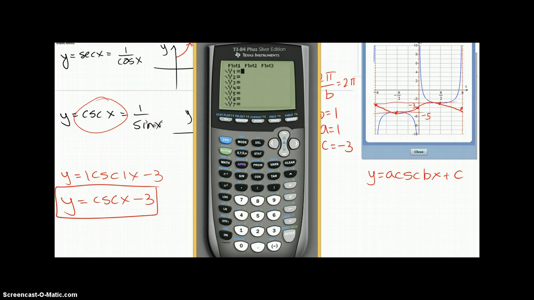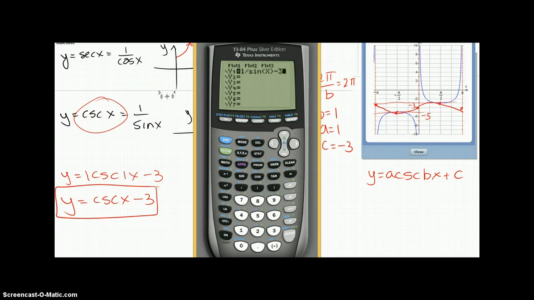So you remember that cosecant is 1 over sine. So you type in 1 divided by sine of x. The x is next to this alpha key here. And then I'm going to subtract 3.